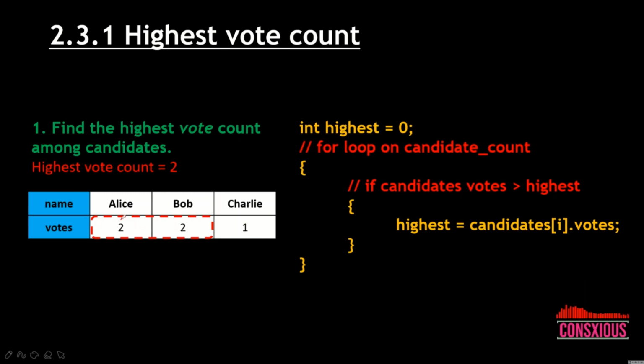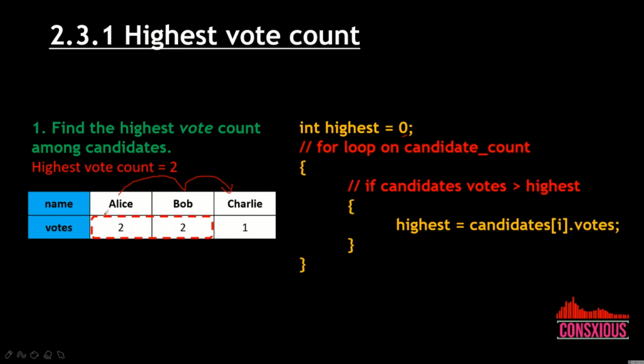If this is higher, then we just take 2. So what we do here is a for loop on the candidate count. Then if this candidate's votes is higher than 0, then the highest variable will equal candidate i dot votes.